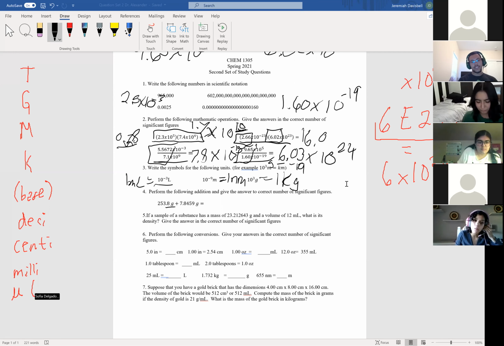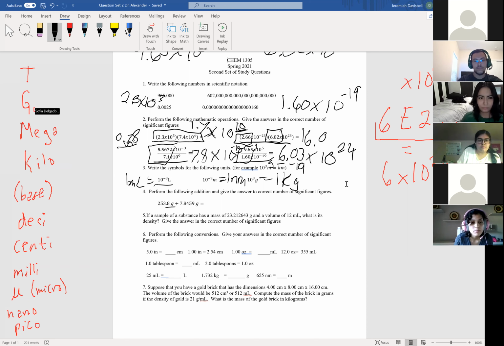So basically that means that we're only going to go to the tenth place. So what exactly will we get then for our answer? 261.6. Yes, grams. 8 plus 8 is 16, which is why there's a 1.6, and then 4 is less than 5, so you'll leave it as 0.6 grams.